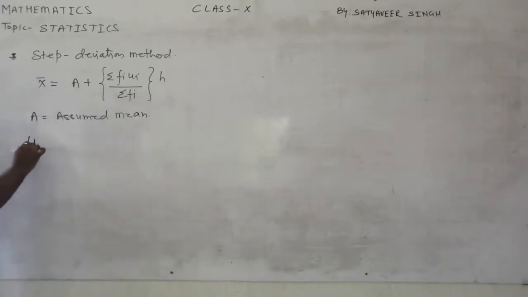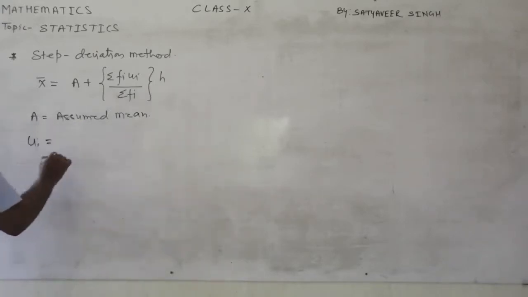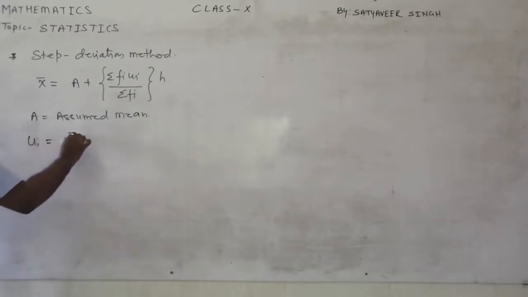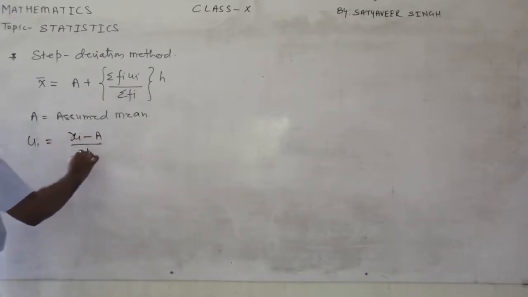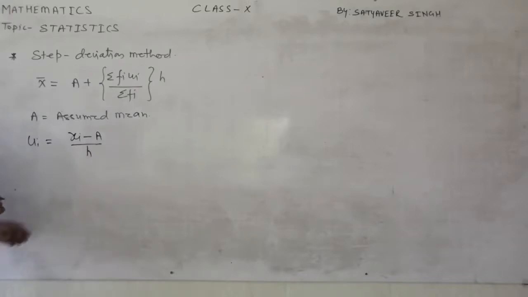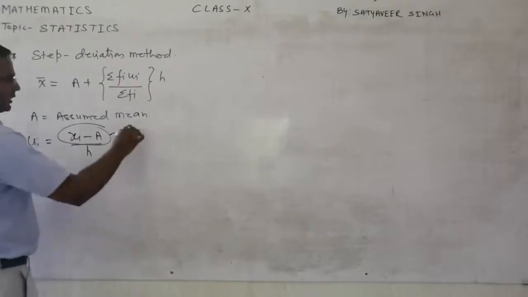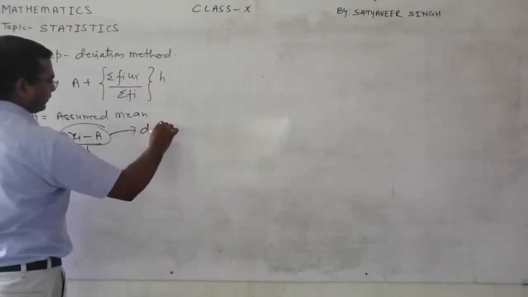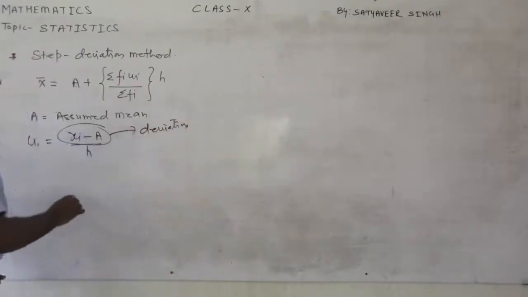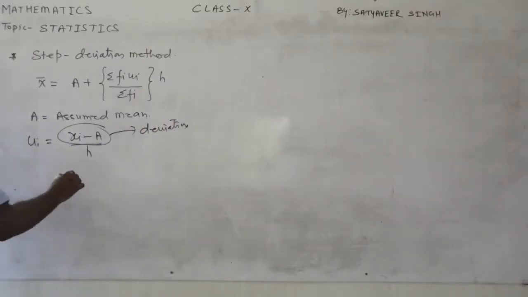And what is the meaning of ui? Ui we can understand, it is xi minus a upon h. What is xi minus a further? Like in the previous video I had explained, this is called deviation. And what is h?